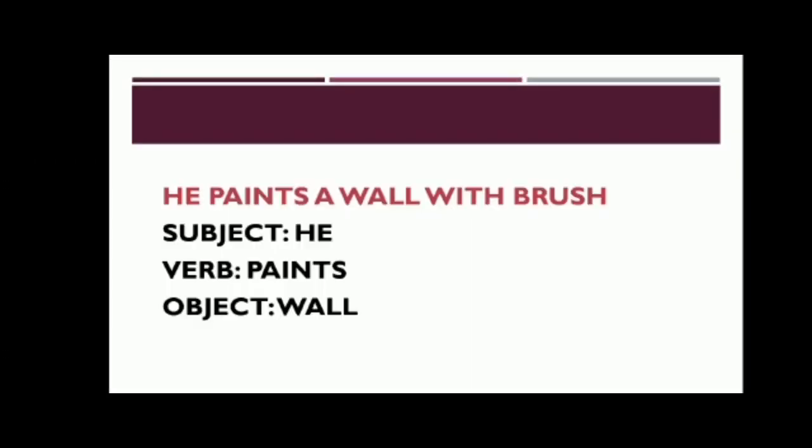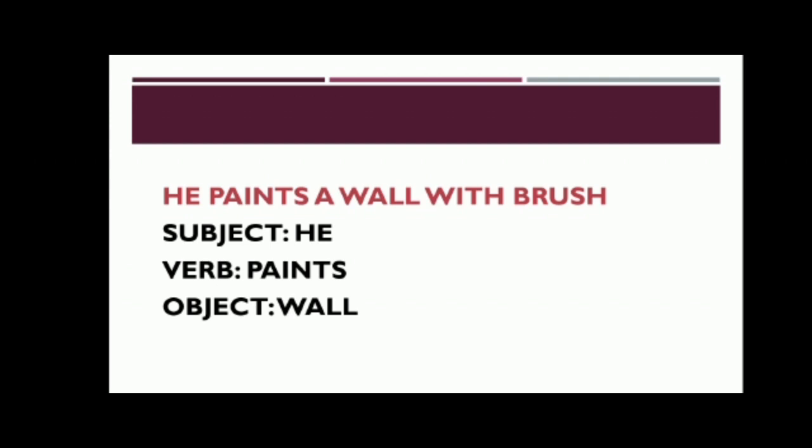For example, we have a sentence here: he paints a wall with a brush. Now, here we know that he is the subject, paints is the verb, and wall is an object. But can you tell me what is the phrase and what is the clause here?